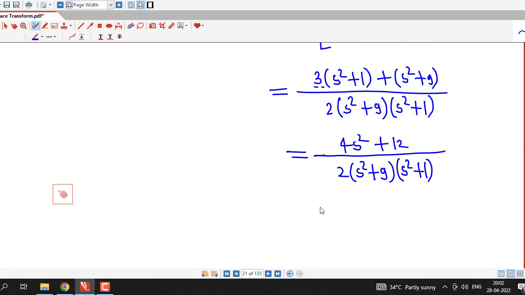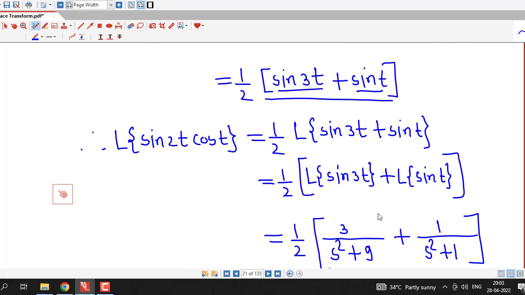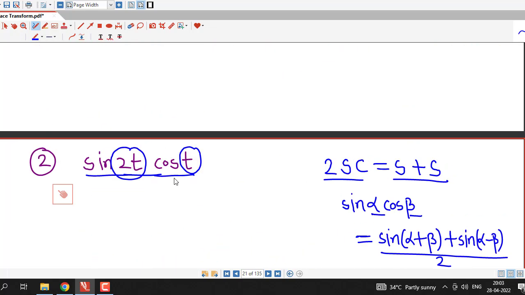We write 4s square plus 12 as 4 times (s square plus 3), divided by 2 times (s square plus 9)(s square plus 1), and we can cancel out the 2, leaving 2 in the numerator. So this is the Laplace transform of sin 2t times cos t.